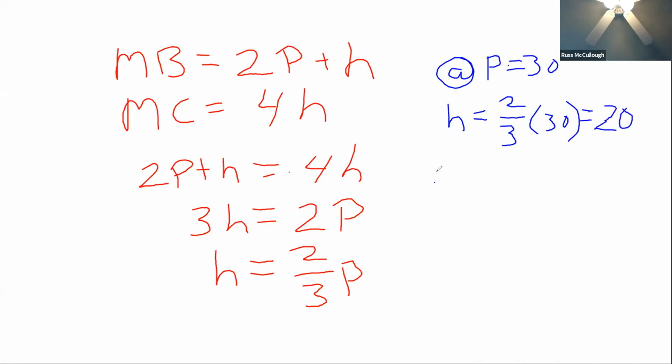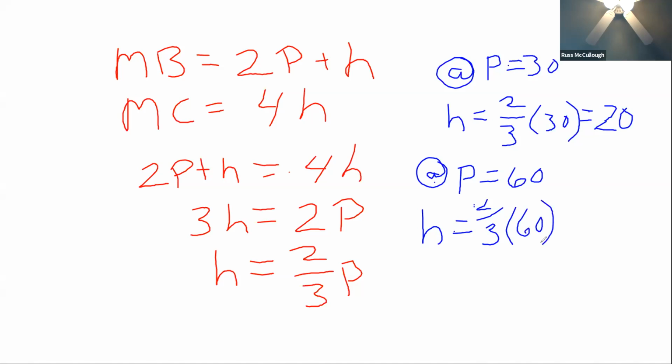And at price equals 60, we've got an optimal height of 2/3 of 60, and that equals 40.